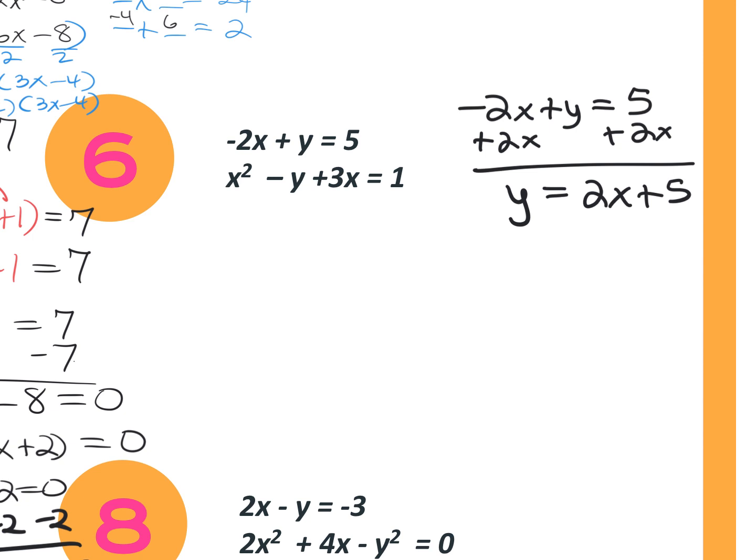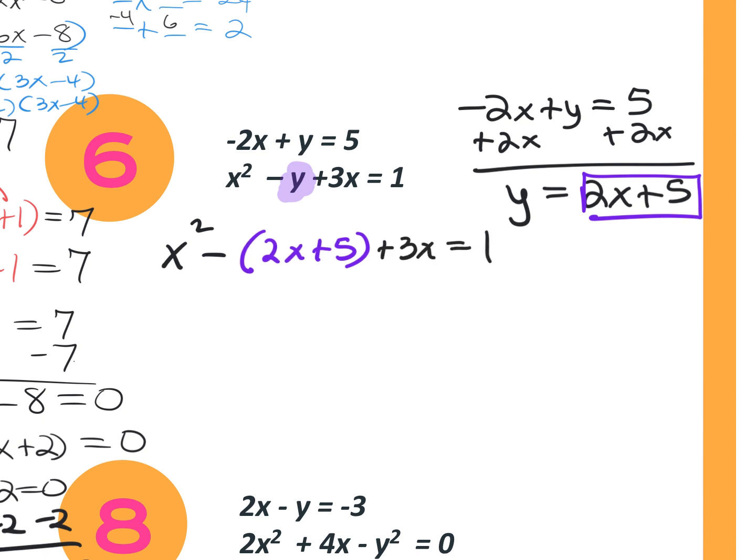I'm now going to take what y equals and plug it in to my second equation where I see the y. So I'm going to rewrite the x squared, the subtraction sign, but I'm going to put what y equals in parentheses so I remember to distribute that subtraction sign. And now I'm going to distribute the subtraction sign and combine like terms. So I'll distribute this, and this becomes x squared minus 2x minus 5 plus 3x equals 1.